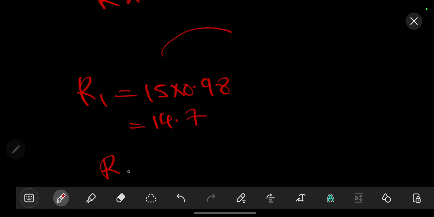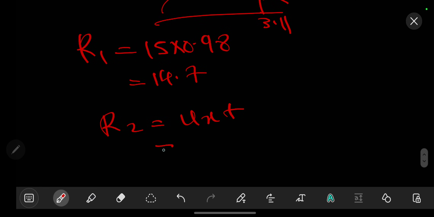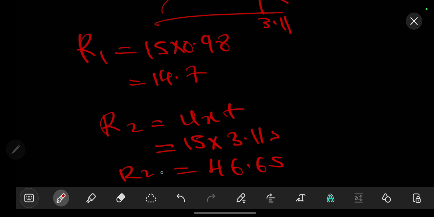Then range number 2 is equal to uxt, and for the second part we are told that it will take 3.11 seconds. So you're going to say 15 times 3.11, which will give us a value of 46.65. So this is range 2.